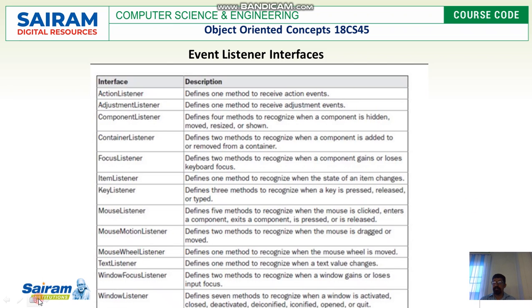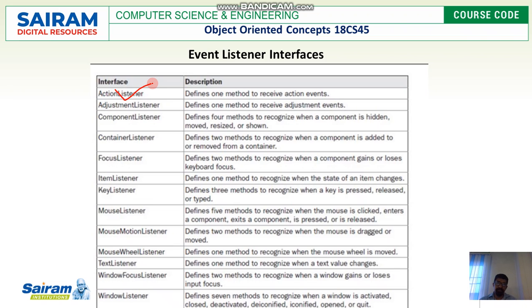We start with the action listener interface. This has a method to receive an action event. When I say interface, you should remember that it is similar to a class which has a few methods, but these methods do not have any structure.